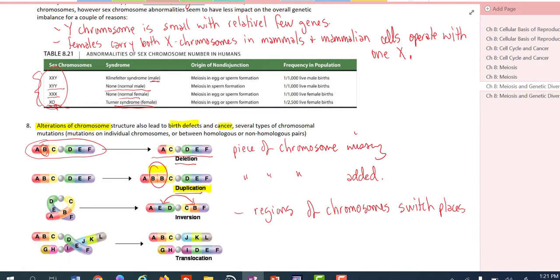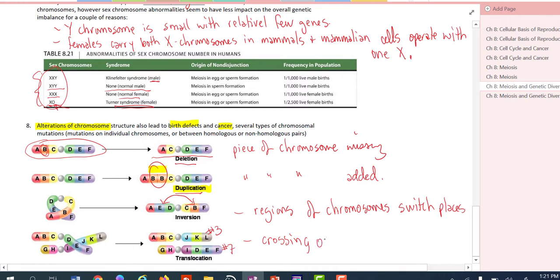And here we have a translocation, and this is between two non-homologous chromosomes. So this is not like crossing over where it's two homologous chromosomes. This is like crossing over between non-homologous chromosomes. So like let's say this is chromosome number 3, and this is chromosome number 7, right?